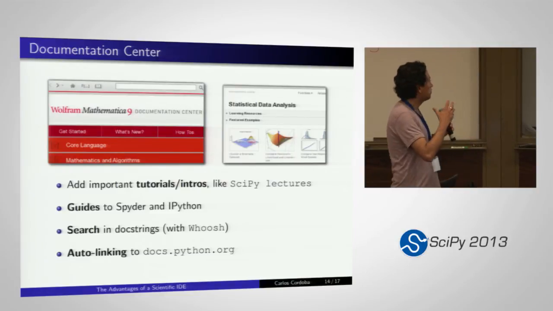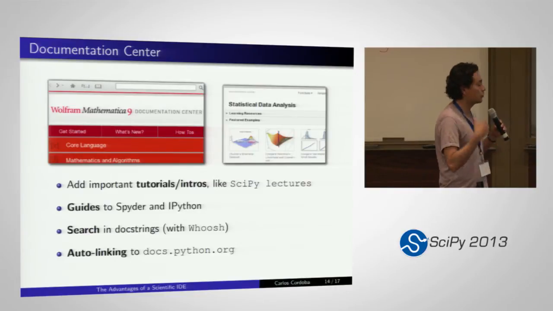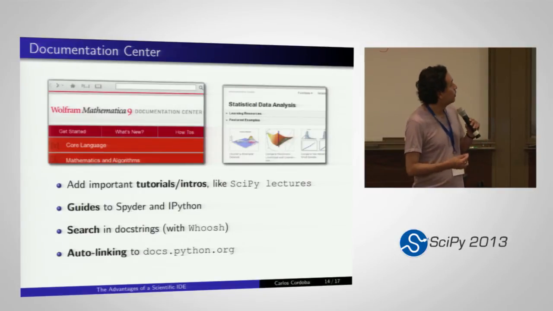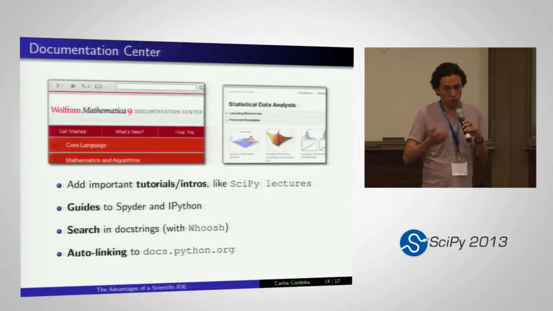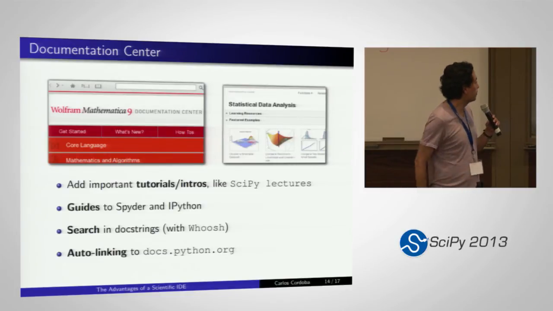We also plan to develop a way to search in docstrings using a library called Whoosh. A couple of years ago, Robert Kern developed a magic for IPython called WhooshDoc, and we tried to take his work and improve on that.